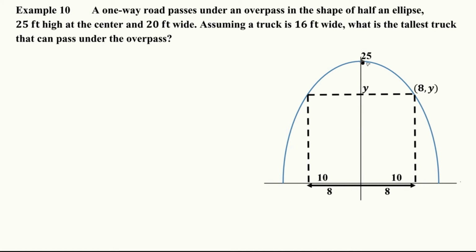So this y value here is 25, and basically what we're looking for is the y value here, which is the height of the truck, when the x value is 8, because the entire truck is 16 feet. That means from here to here should be 8, right?